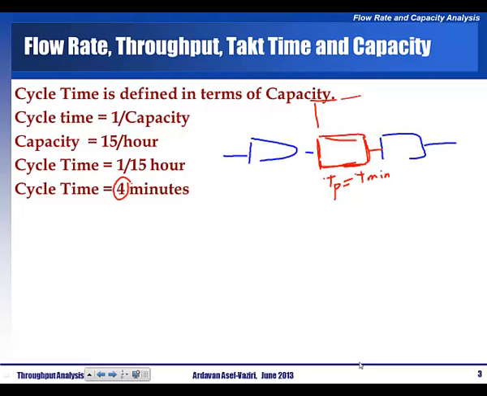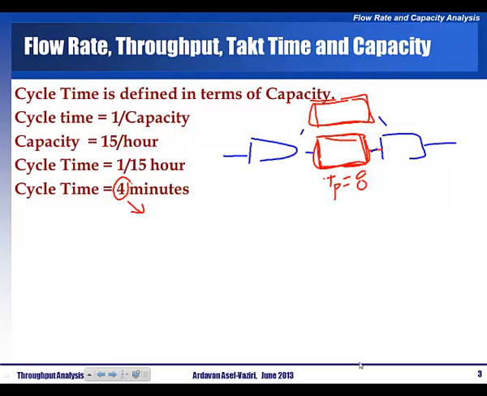However, if I have 2 units here and they form my bottleneck, and if cycle time is still 4 minutes, then TP over there is not 4 minutes. TP over here is 8 minutes. Each 8 minutes, these 2 bottleneck resources produce 2 units. Therefore, on average, every 4 minutes, they produce 1 unit.